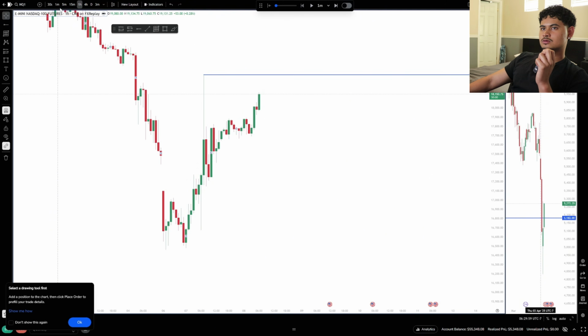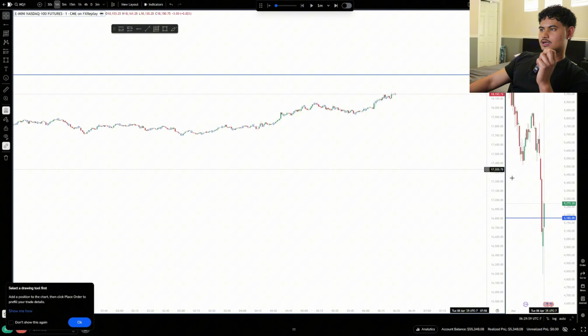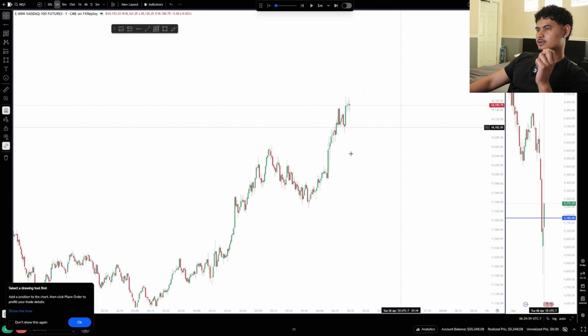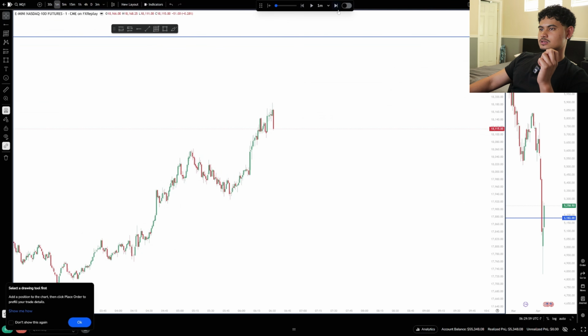Is this a news candle? Or no, that was the pump that we got, right? Yeah, well, anyways, that is what I'm targeting for the draw. Nothing lower. Let's just see what market open does.